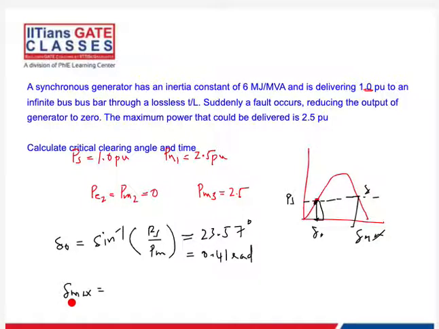We will get this as, I think, 150.41 degrees or 2.73 radians. Right. Now can you calculate delta C? What is delta C?